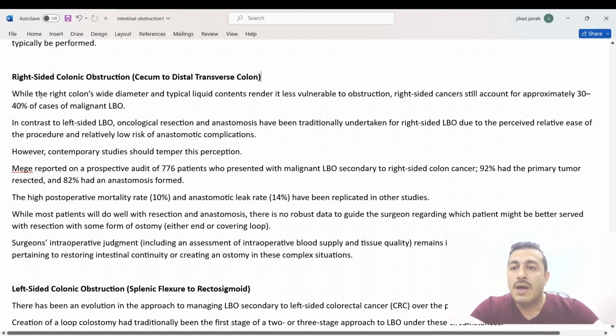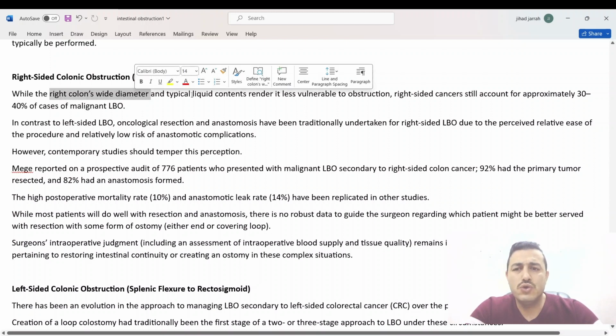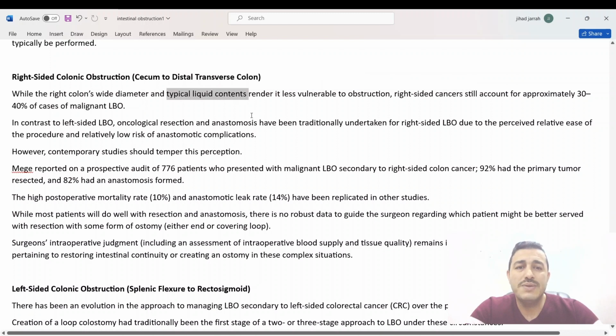Actually, the right colon has wide diameter and it's usually liquid continent, so obstruction is less than the left side.